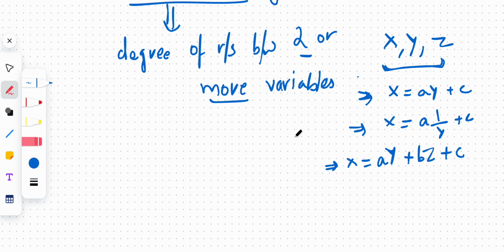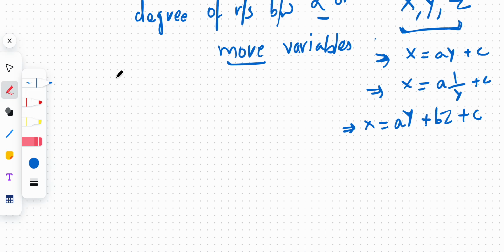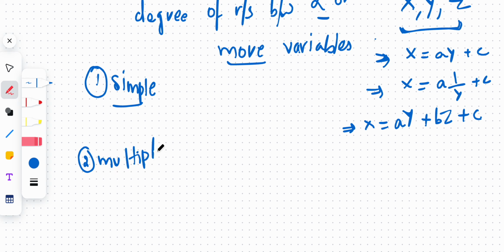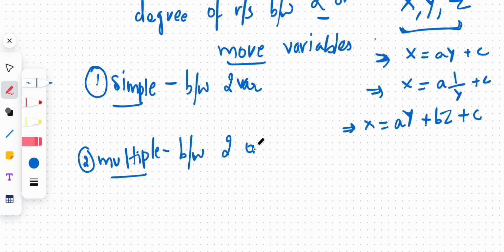Now this is again divided into two kinds of relationship, one is simple, another is multiple. Simple is between two variables, right? And this one is between two or more variables, right? So this is the agenda here.